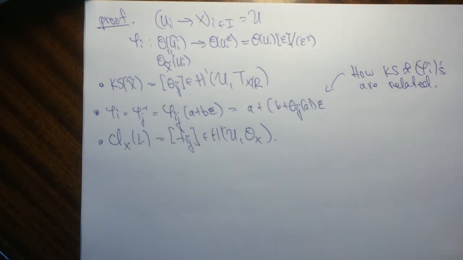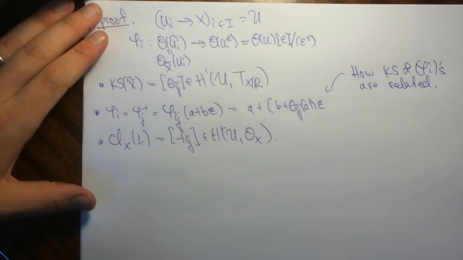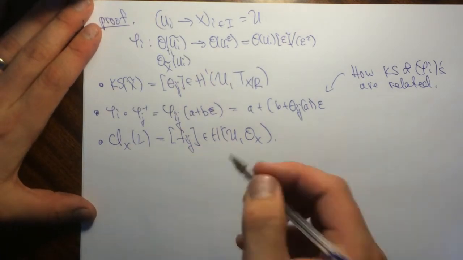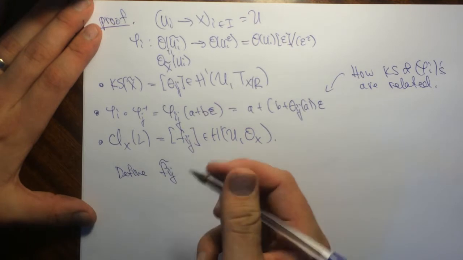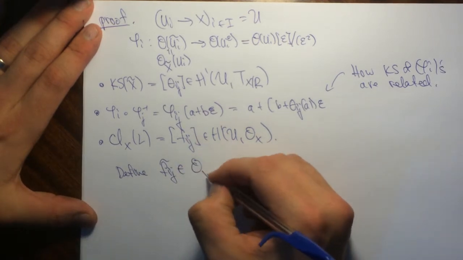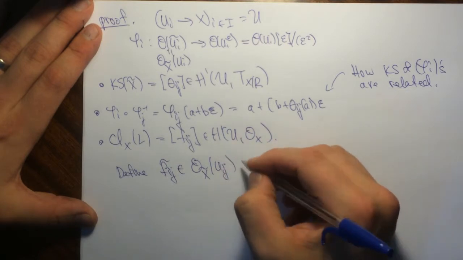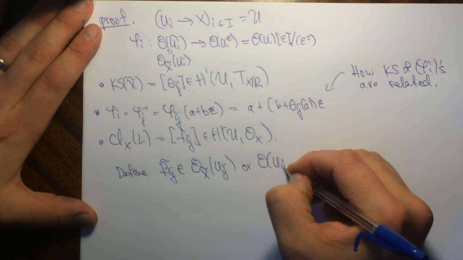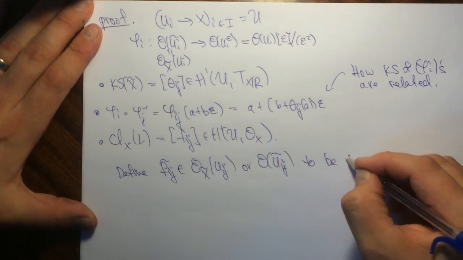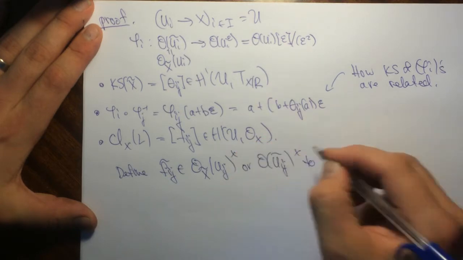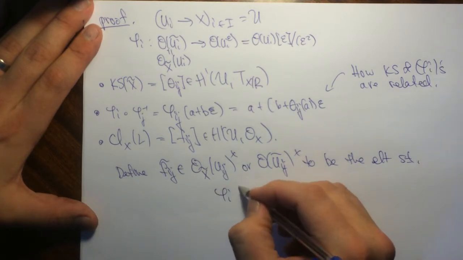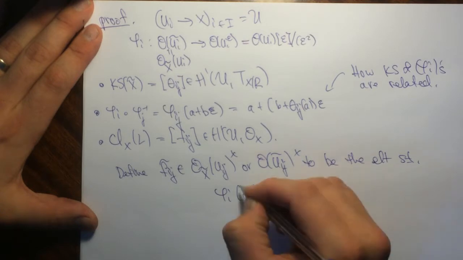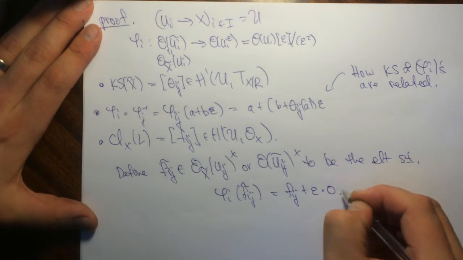So let's recall the definition of the obstruction. So first let's define V_ij tilde in, let's say, O of U_ij tilde, to be the element such that when we do phi of this guy, we just get F_ij plus epsilon times 0.